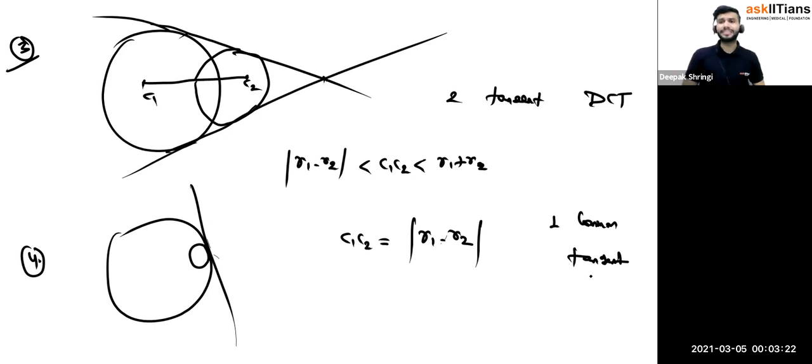That's why we'll keep a mod. If you don't know, you can understand mod as the positive value of something. Mod of minus 5 is 5. Mod of minus 10 is 10. Mod of minus 100 is 100, right? So you have to take the positive of this thing. Got it? Let's move forward now.